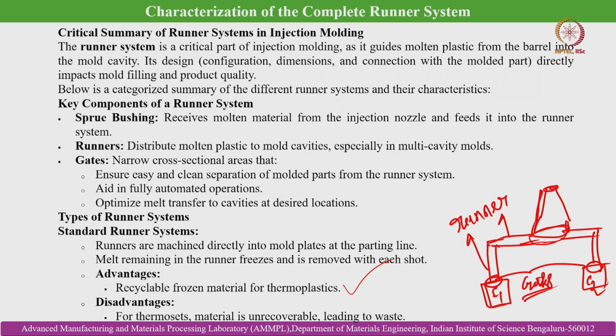Types of runner systems: in the standard runner system, runners are machined directly into mold plates at the parting line. The melt remaining in the runner freezes and is removed with each shot. The advantage is recyclable frozen material for thermoplastics, and the disadvantage is that for thermosets the material is unrecoverable, leading to waste. So, this is the key takeaway.